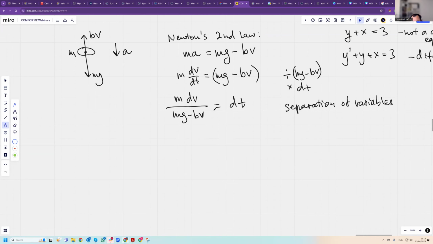So now I'm going to play a trick here. I'm going to take minus b out of the denominator. So it's m dv over minus b, v minus mg over b, equals dt. And do I want to?